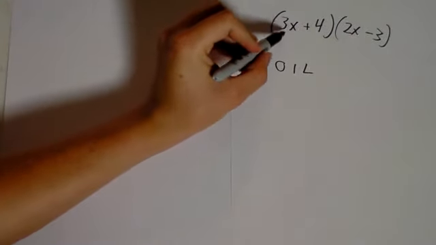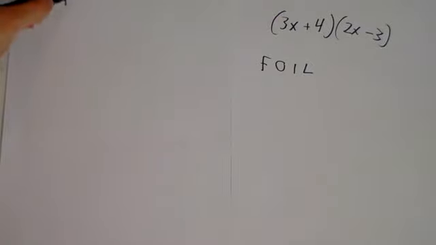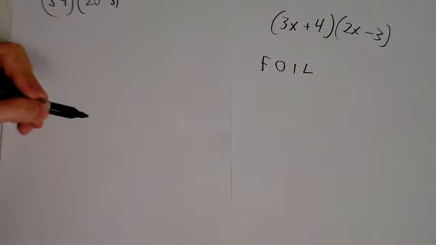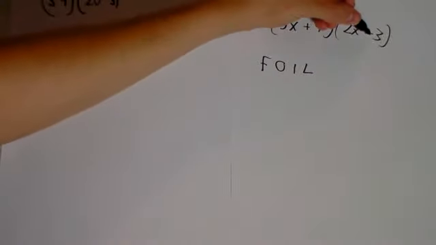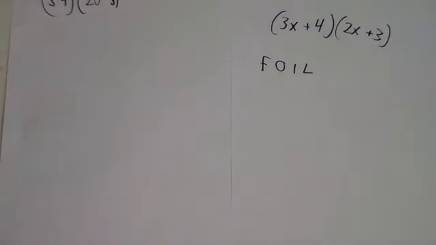Suppose we had just the problem 34 times 20 minus 3. Actually, for this example, I'm going to use positive numbers, and then we'll move on to negative numbers.